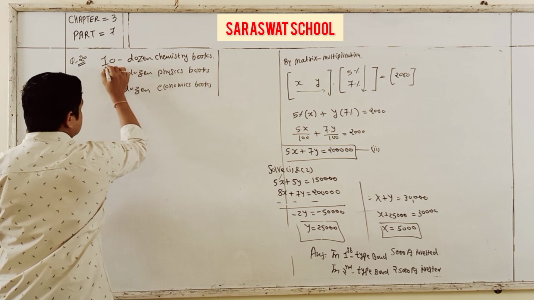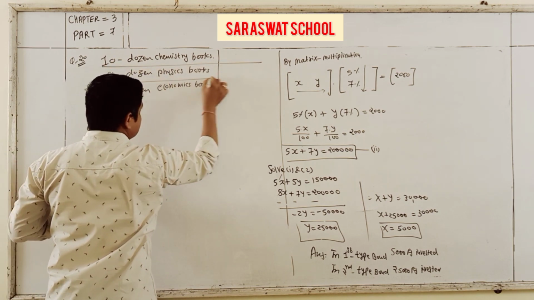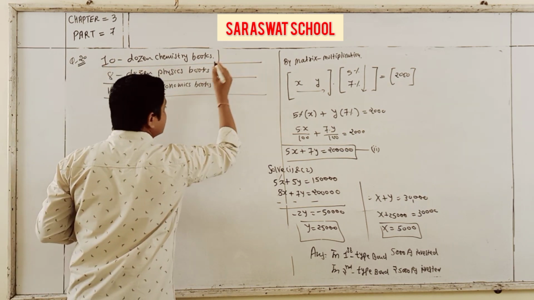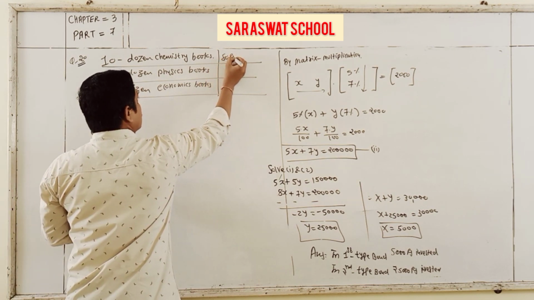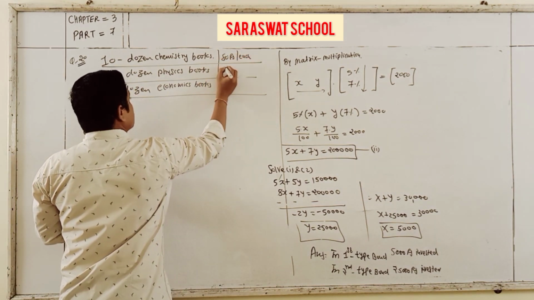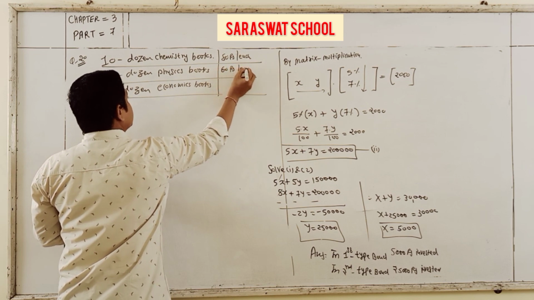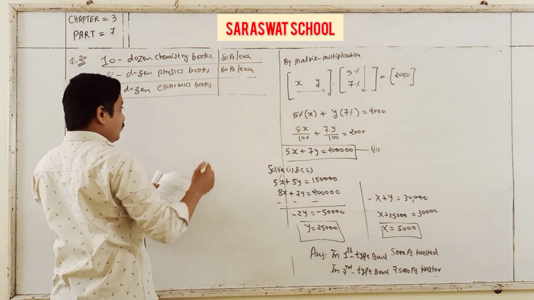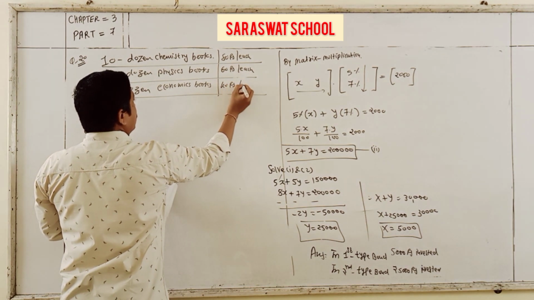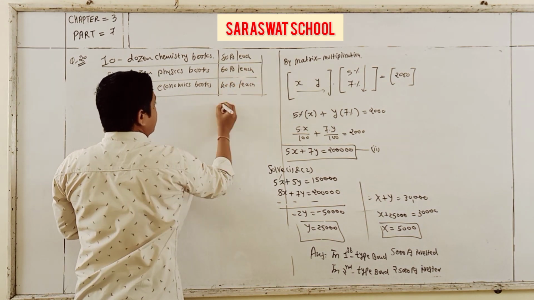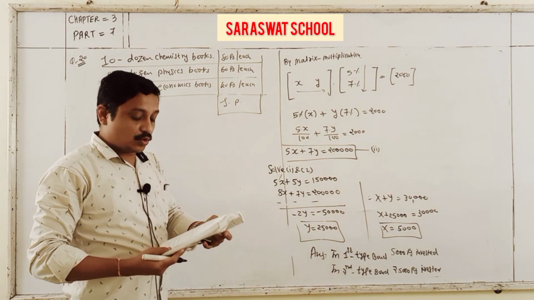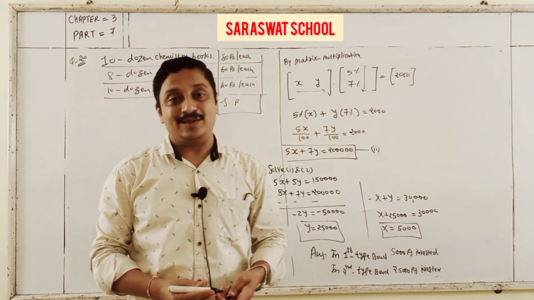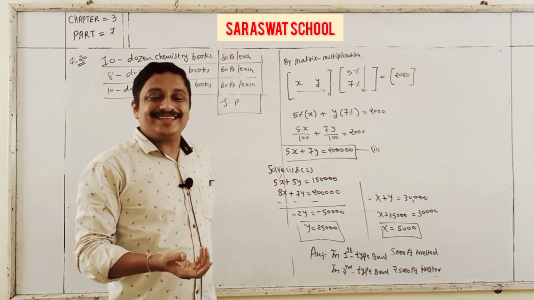And each selling price is given. First selling price given is 80 rupees each, 60 rupees for each and 40 rupees for each, selling price SP. Then how much total cost is received by selling all the books? So very easy.